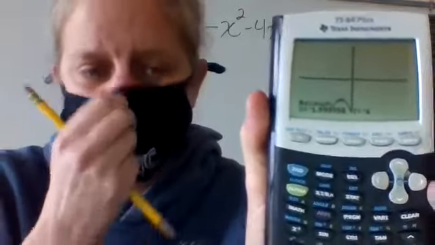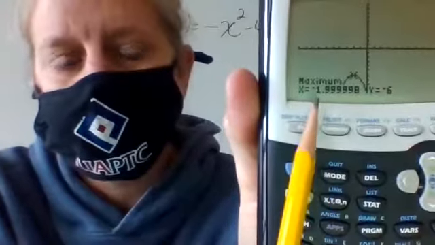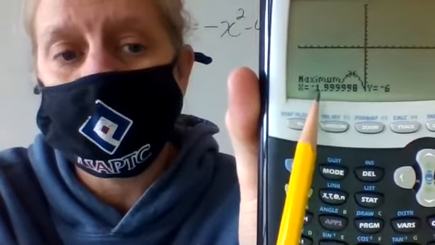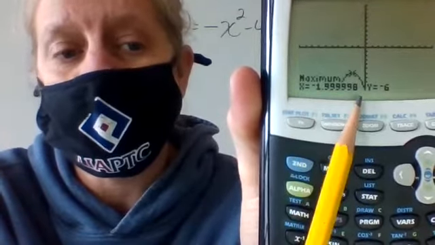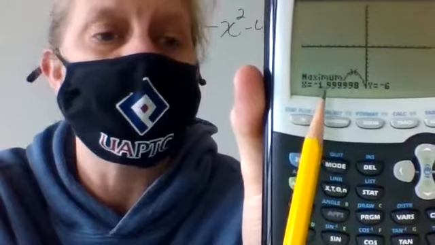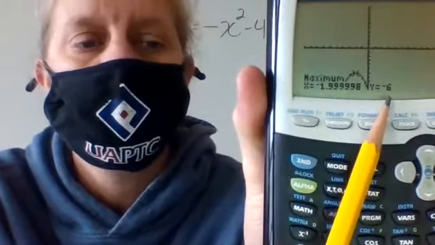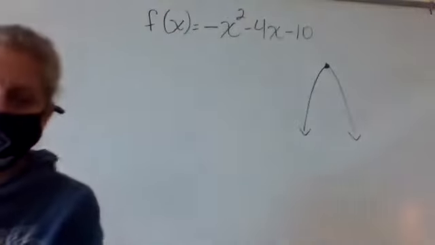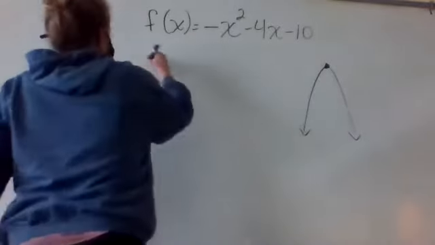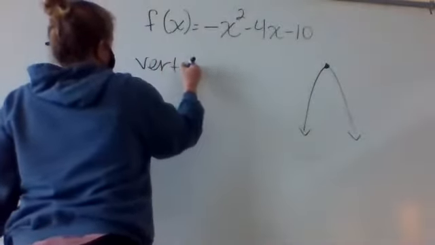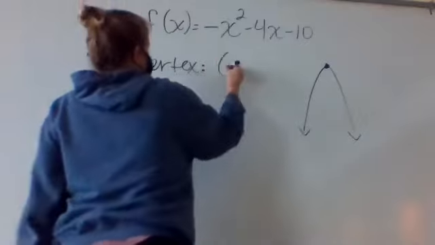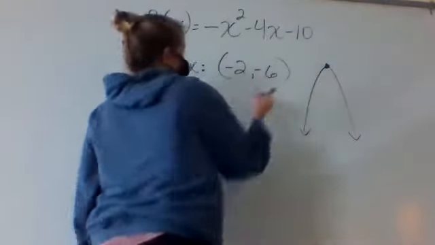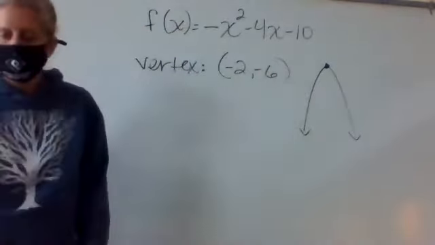So this one's vertex is, what does this mean? Mine says negative 1.9999998, which just really means negative 2, negative 6. So the vertex is at negative 2, negative 6.